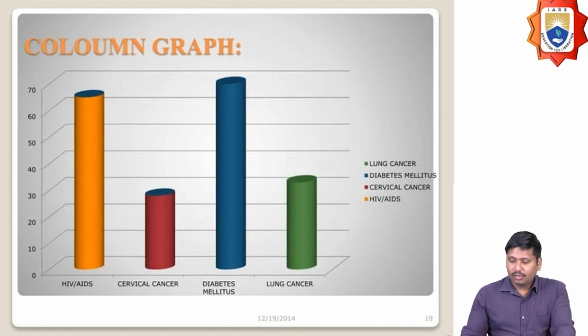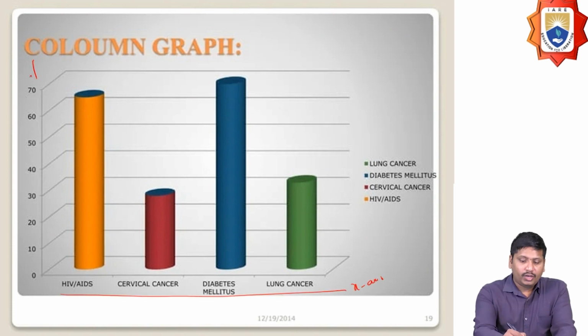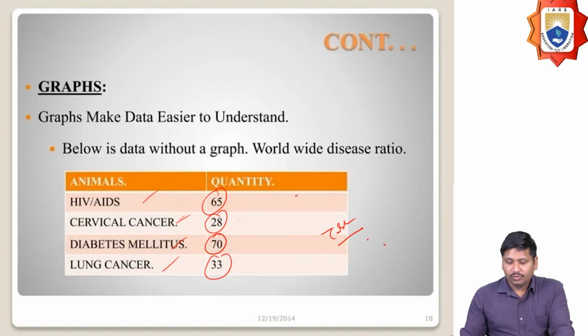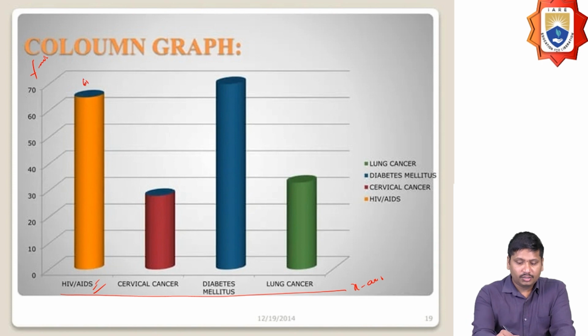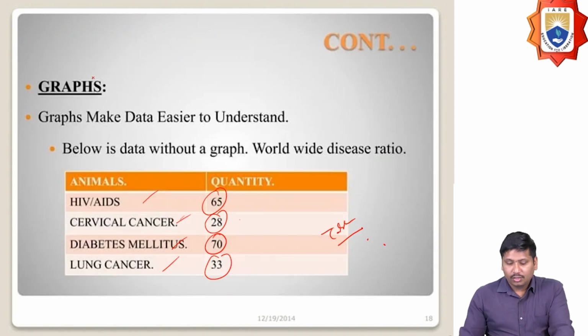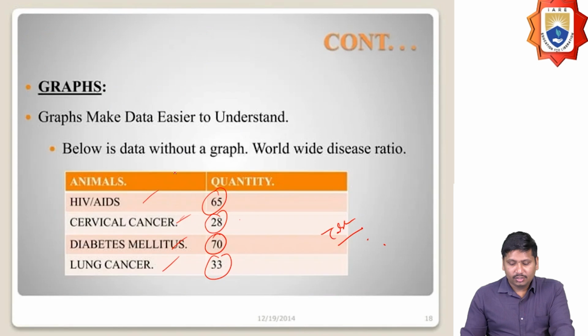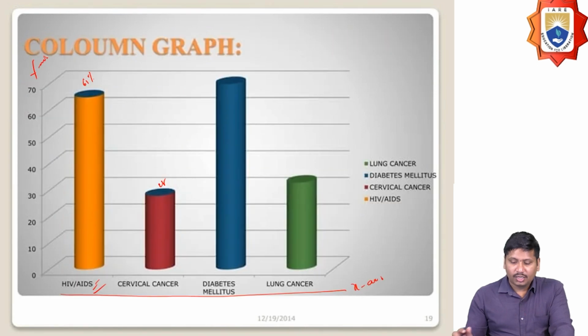By taking the diseases on the x-axis and the percentage on the y-axis, what should its percentage be? It should be around 65, so I am taking it as 65. Similarly, cervical cancer should be around 28, diabetes 70, and lung cancer 33.